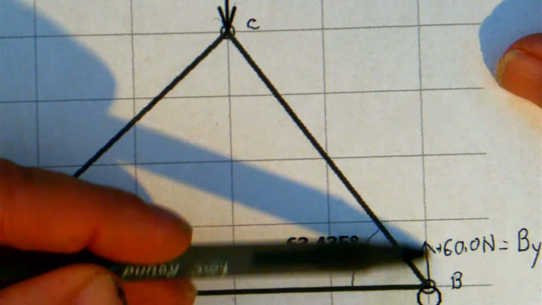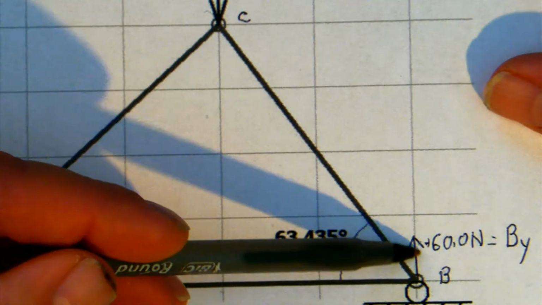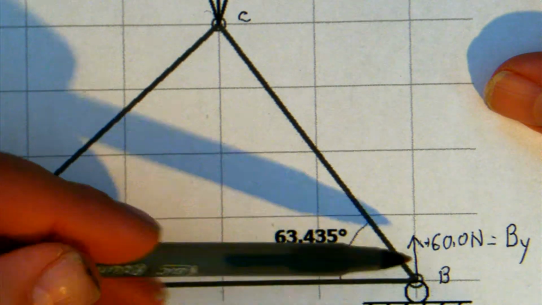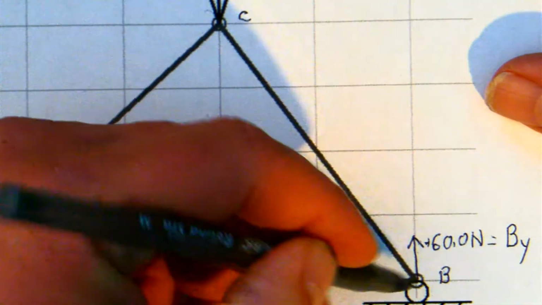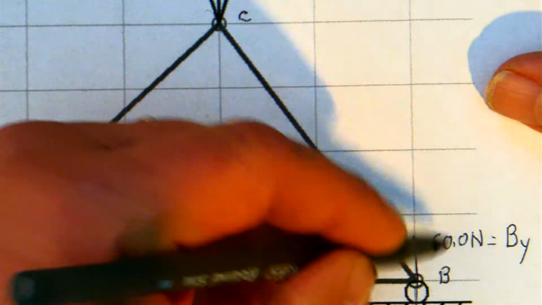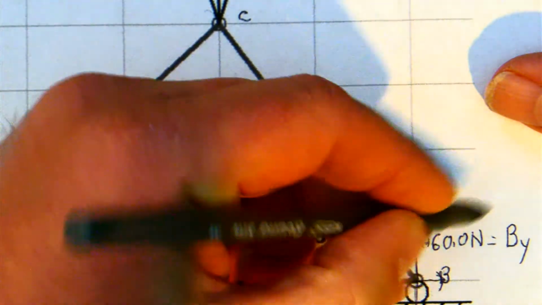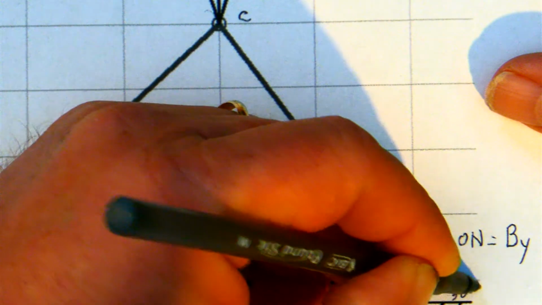And therefore, the ratio of the vertical to horizontal force is also 2 to 1. So if this thing is pushing down with a vertical component of 60 newtons, then it must be pushing to the right with a horizontal component, half of that, or 30 newtons.